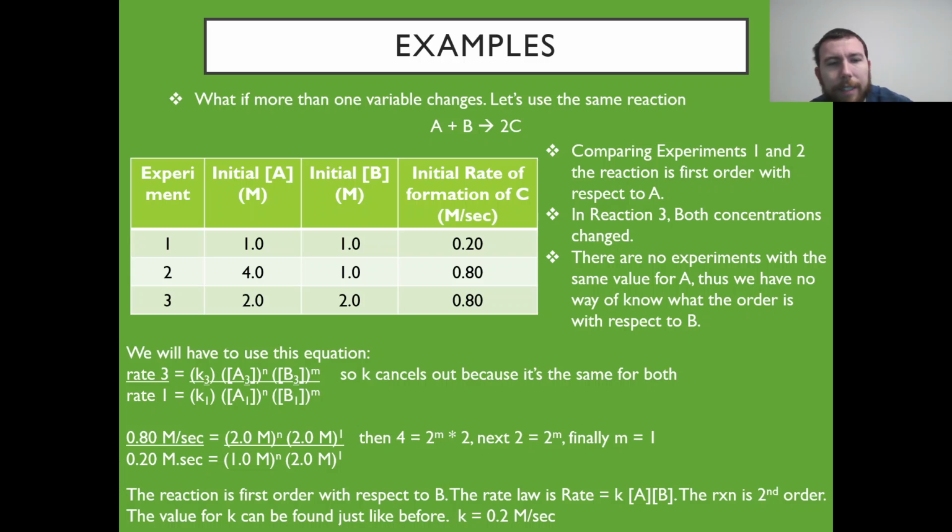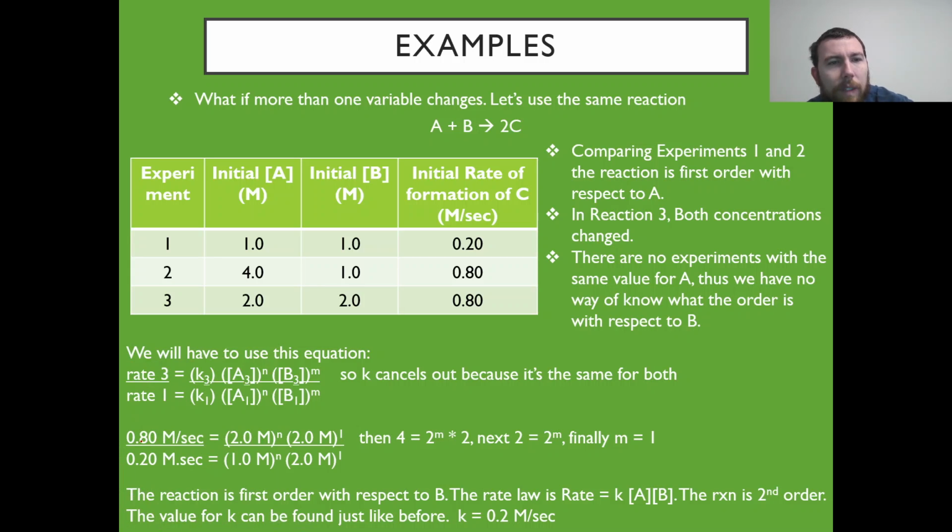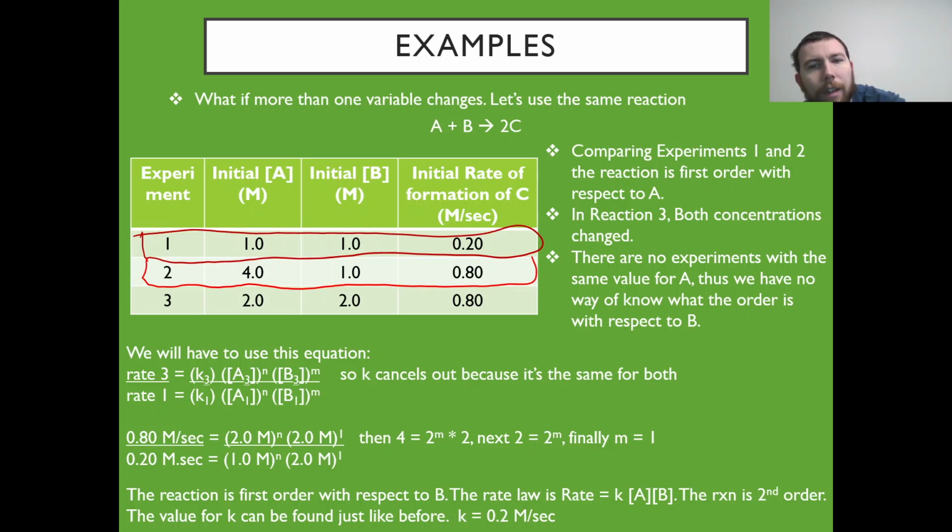When I look at this again, we always want to find what's going to serve as our baseline. For example, experiment 1 serves as our baseline. For A, we have a situation where we can make a distinction, right?